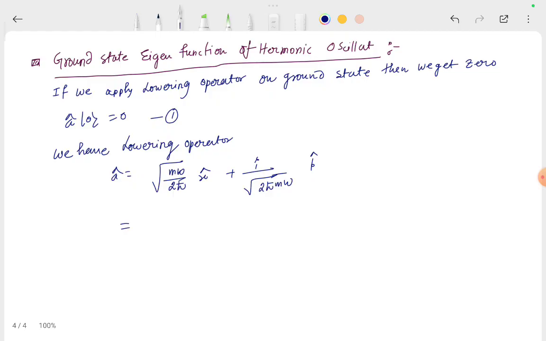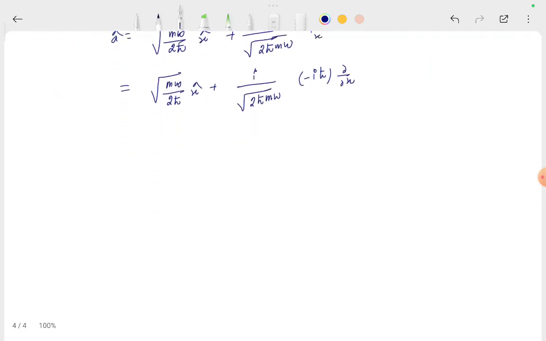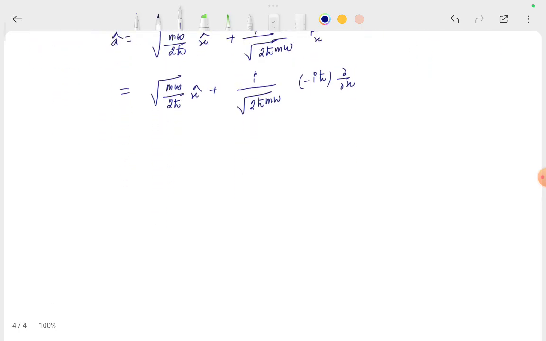So this is equals to m omega upon 2h cut x cap plus i upon 2h cut m omega minus i h cut del by del x. We apply here momentum operator of one-dimensional momentum operators. So this is px.